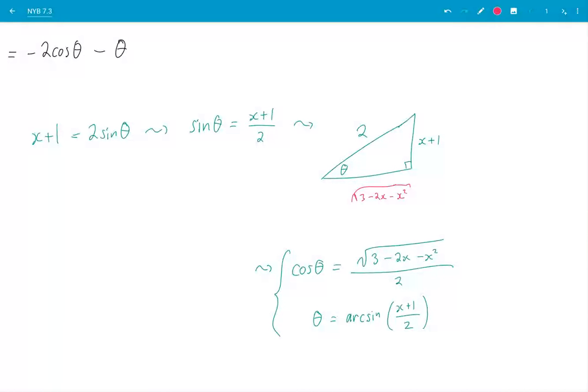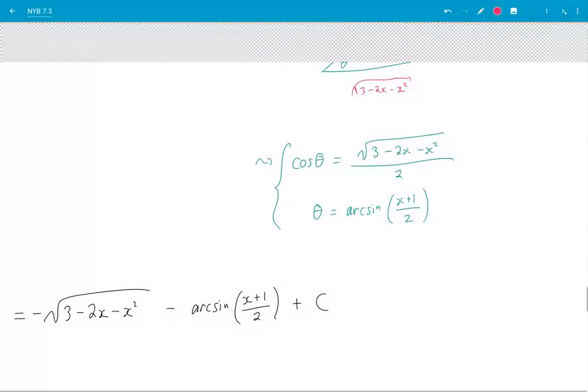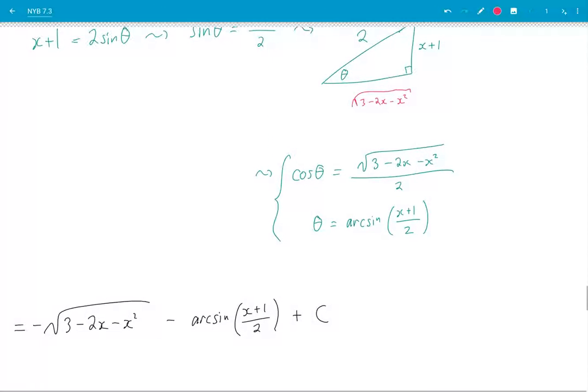So cosine is adjacent over hypotenuse. And for theta, you apply arcsine to solve this equation. Using my information here, I can switch all my variables back to x's, and I'm done.